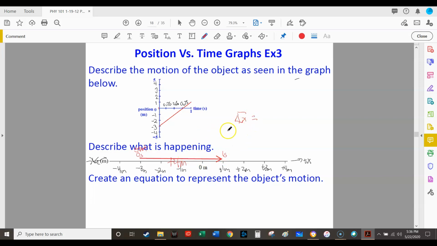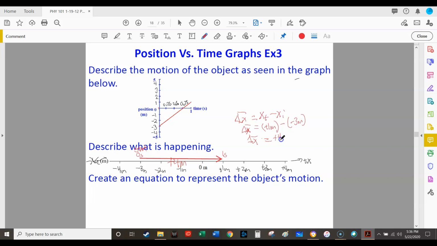Okay, so again, I'm going to do the formal equation, x final minus x initial. Okay, and so the displacement ends at the +1 meter mark. It began at the -3 meter mark. So it's minus a -3 meters. So that means the displacement is going to be 1 minus a -3.